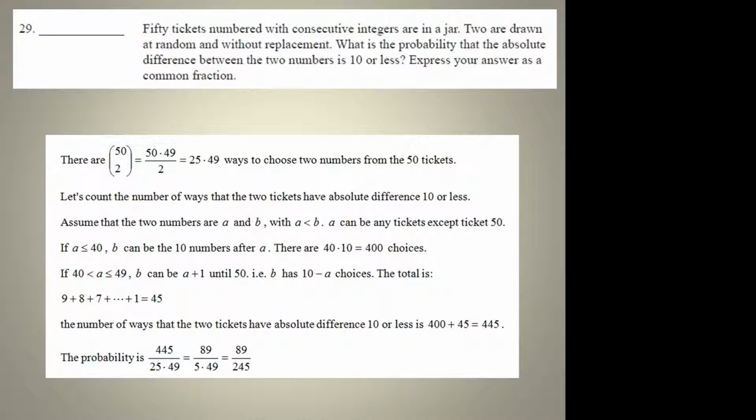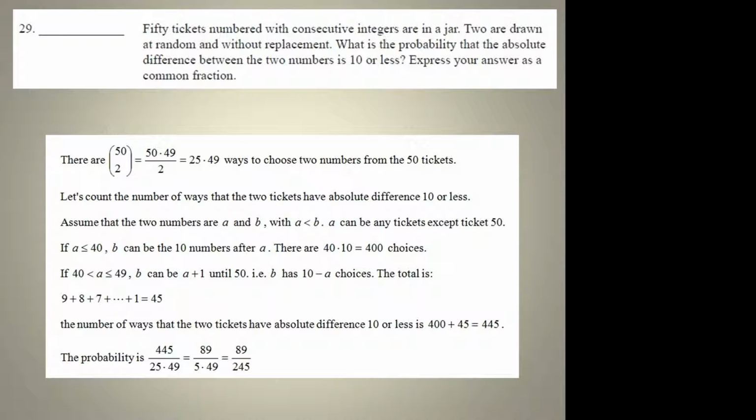Yeah, you draw 2 tickets. First one, you have 50 choices. Then your second one, you only have 49 left. Second ticket, there are 49 choices. So 50 times 49. But in fact, the order: the first one might be A, the second one B, but another choice will be first is B, second is A. The two tickets will be considered one choice.